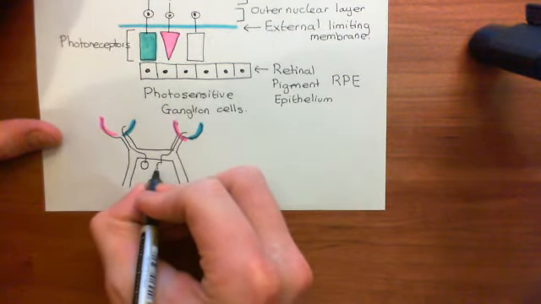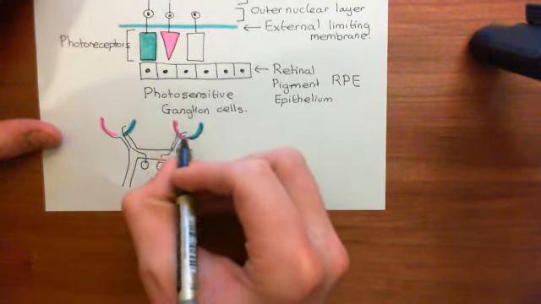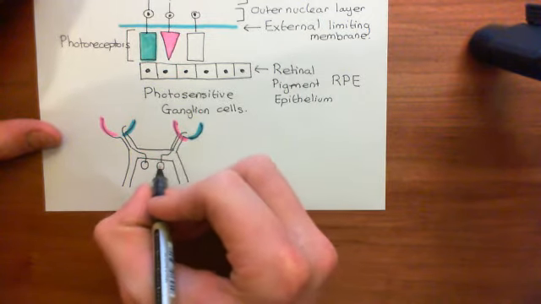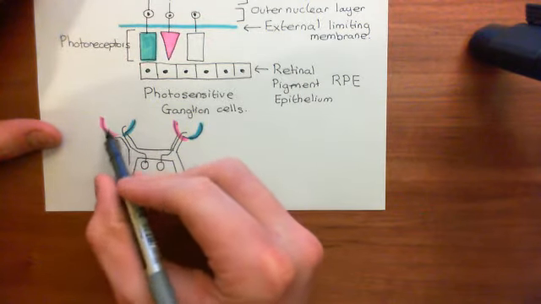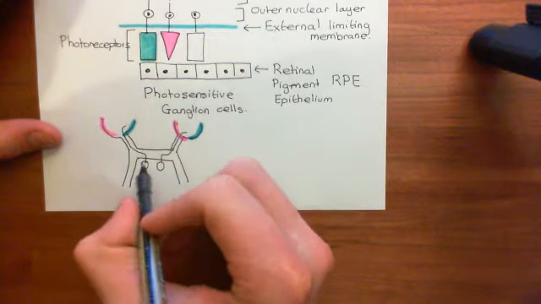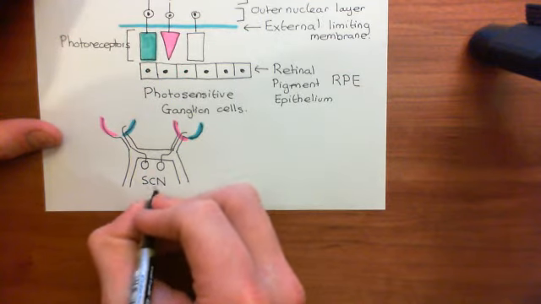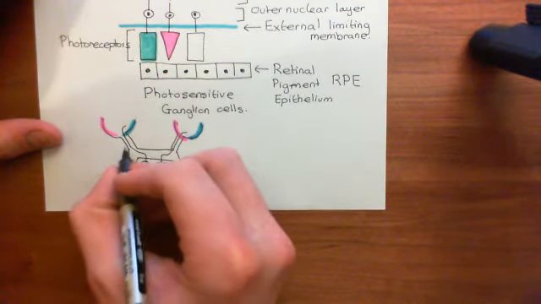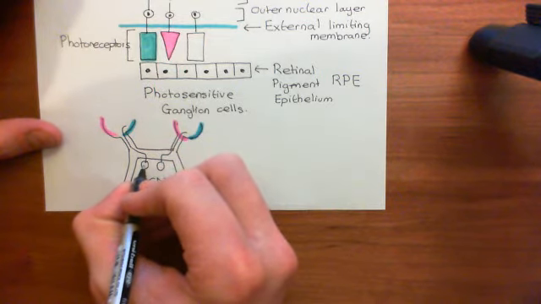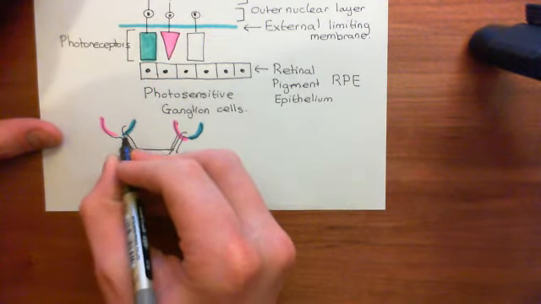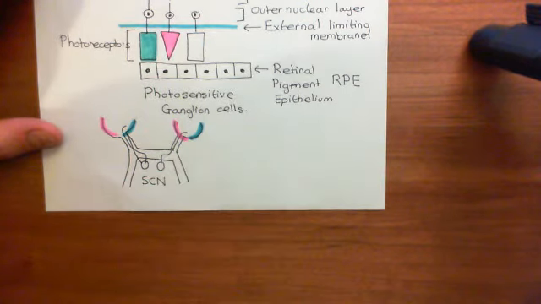We have these two suprachiasmatic nuclei here, and fibers from the right eye will go into the right suprachiasmatic nucleus, and fibers from the left eye will go into the left. By the way, the suprachiasmatic nuclei are often abbreviated to the SCNs. As I say, some will go into the optic chiasm and then move into the suprachiasmatic nuclei, while some will move from the optic nerve directly into them.